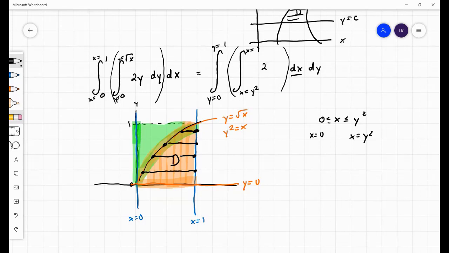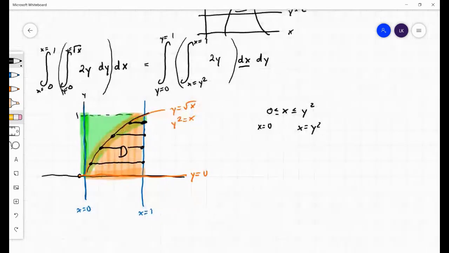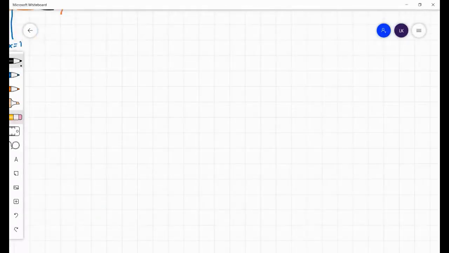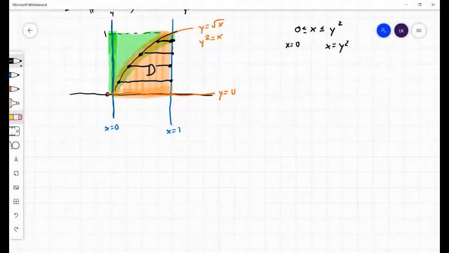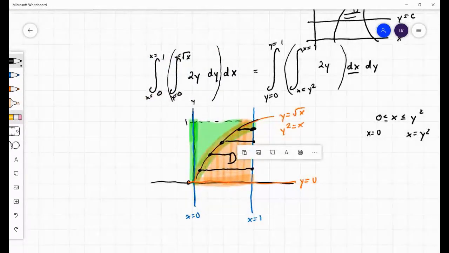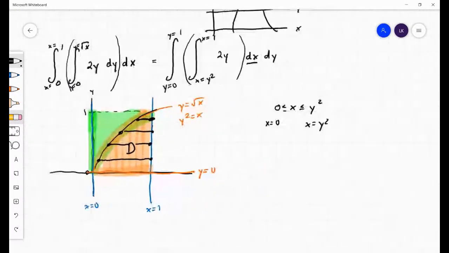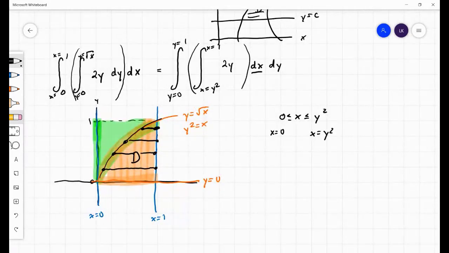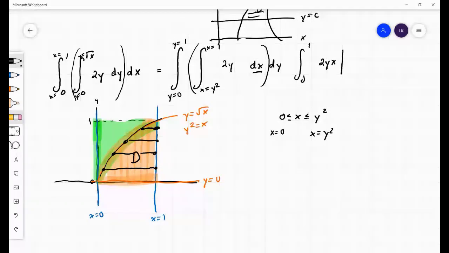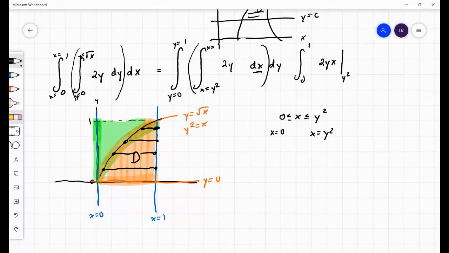And then you can integrate. So might as well finish this, I guess. So we first do the integral with respect to x. y is being held constant when you're finding the antiderivative with respect to x, so that's just 2yx, as x goes from y squared to 1.